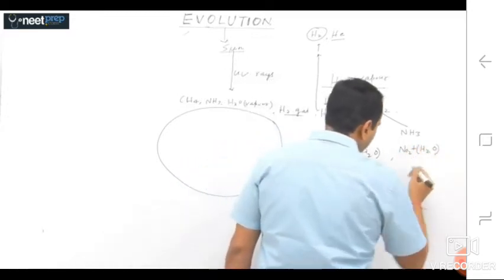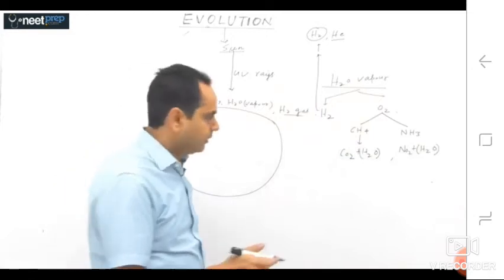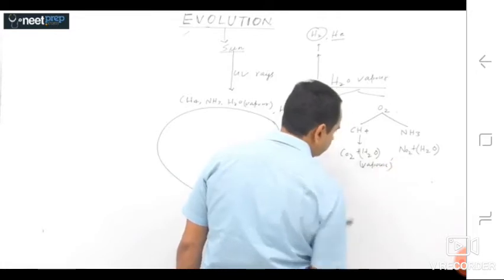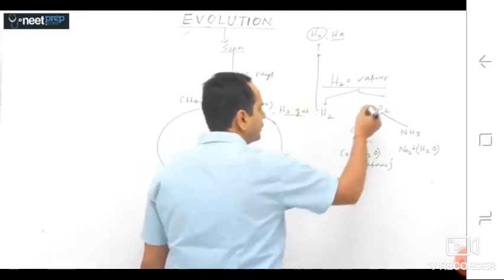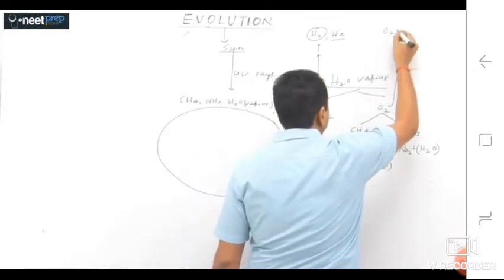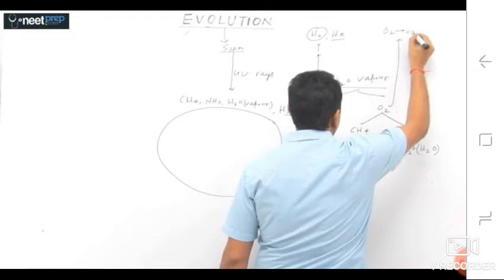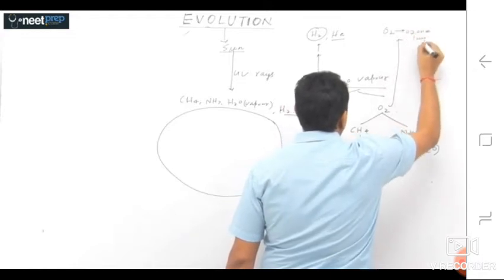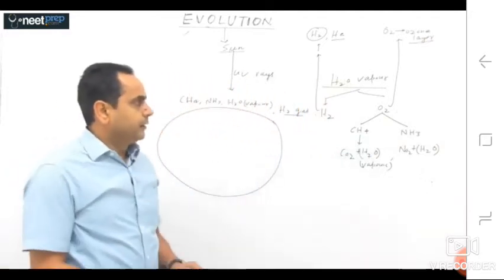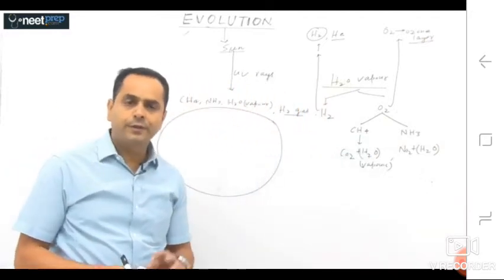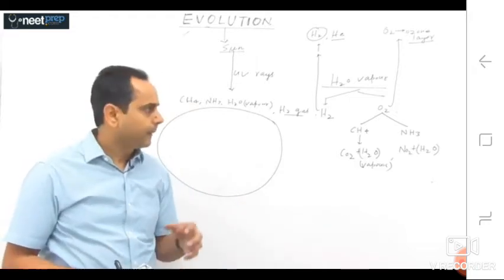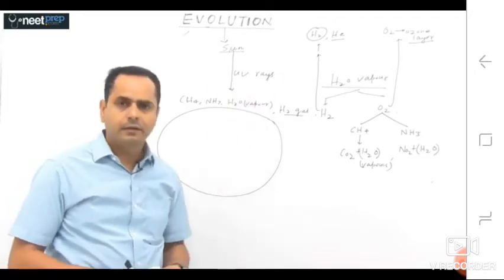This H2O, because Earth's temperature was very high, was all in the form of vapors. Some of the oxygen also escaped into the upper atmosphere, and here this oxygen slowly gets converted into the ozone layer. So the formation of ozone happens only when there was splitting of the water molecule and oxygen escaped into the upper atmosphere.